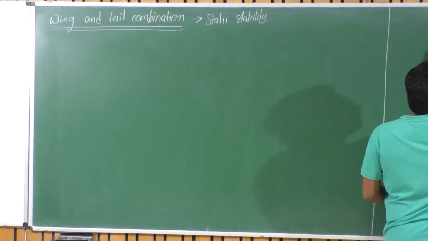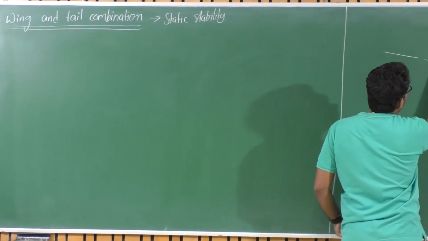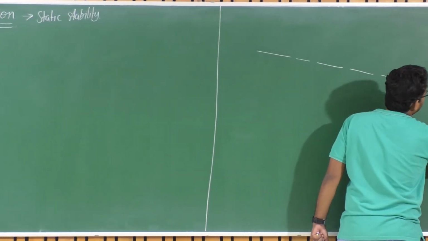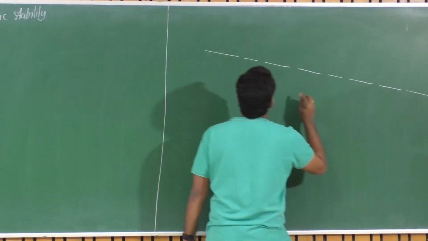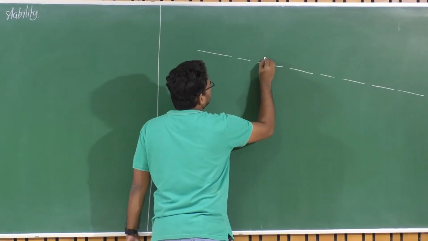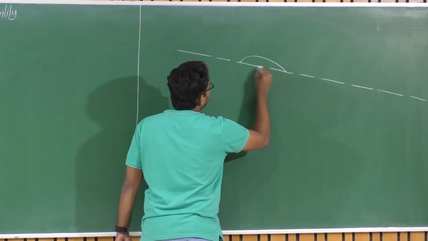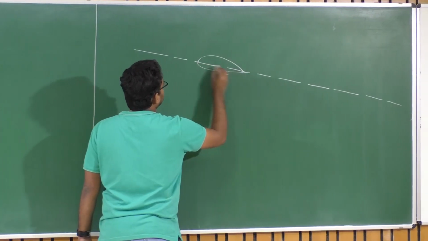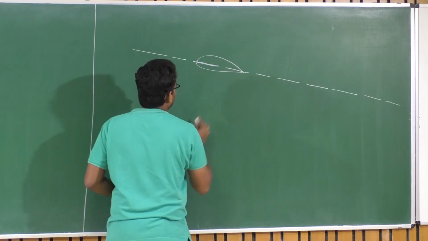So now let's have this wing and tail. Say this is my fuselage reference line. Say the chord of the wing coincides with the fuselage reference line here. Say this is the chord.